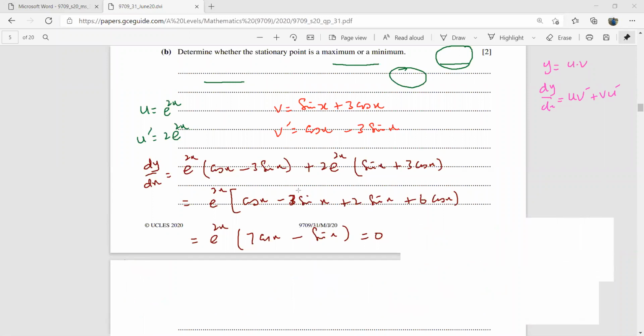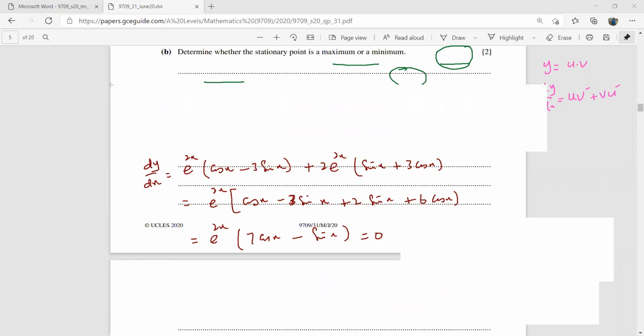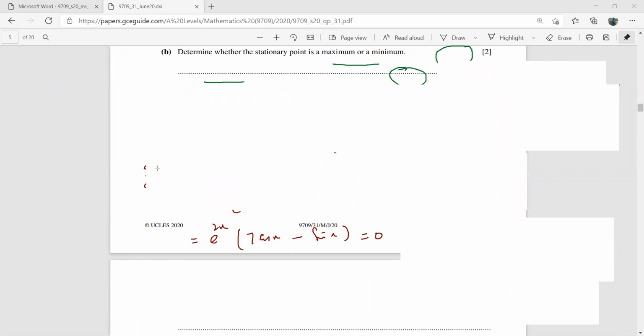I need that 1.43 and this dy by dx, which is here. So I have dy by dx equal to this. So d2y by dx square would be again a chain rule.